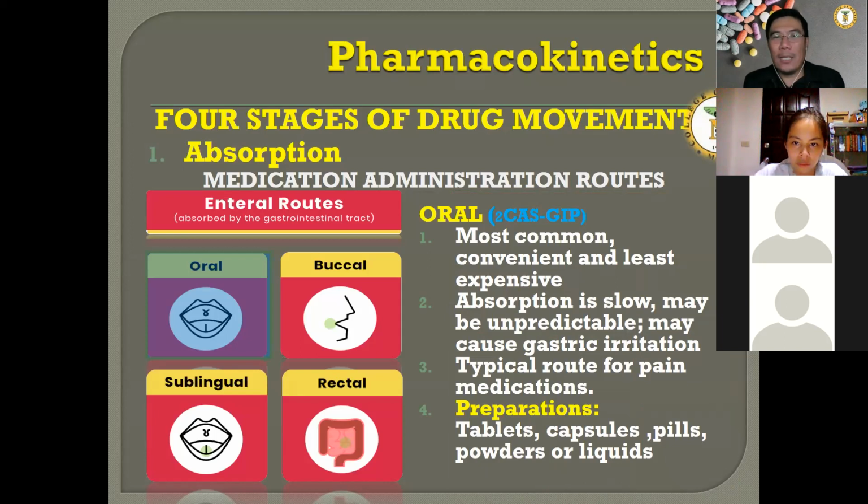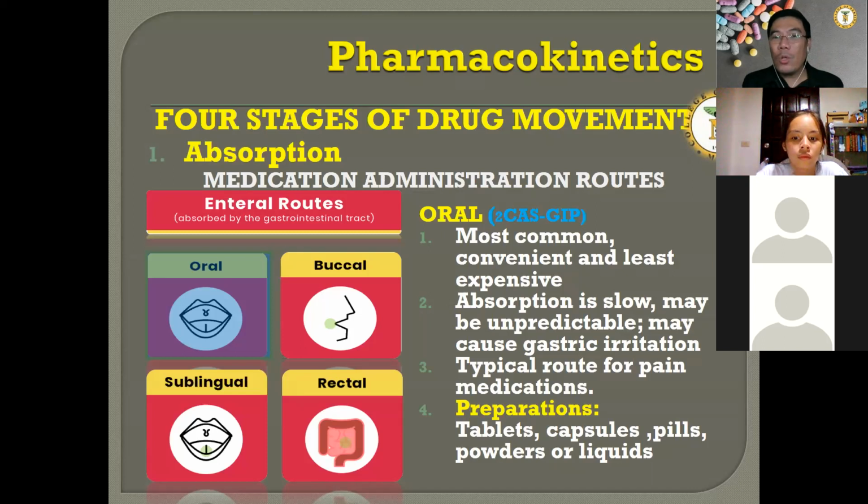So remember 2 CAS-GIP. Sir, what do you mean by that 2 CAS-GIP? So class, usually pag sinabi nating 2C, ibig sabihin common and convenient. Oral is common and convenient. A meaning, AS meaning absorption is low.